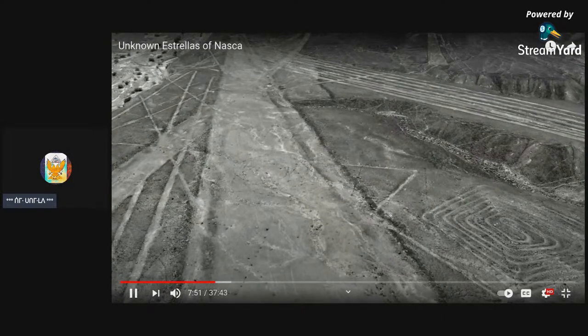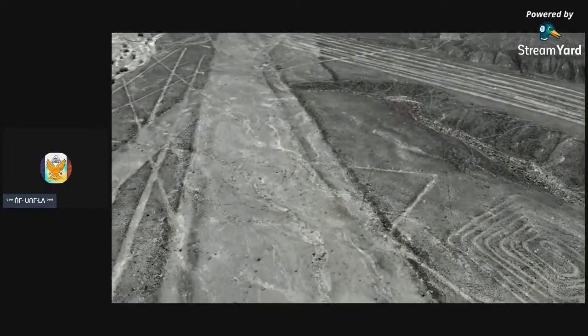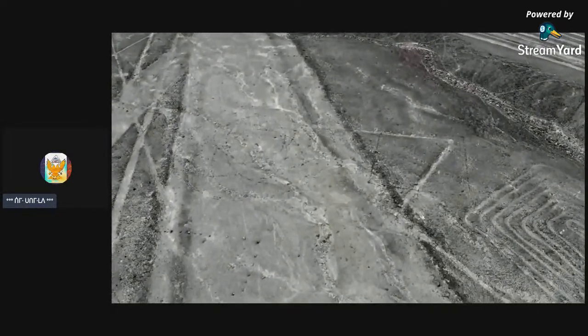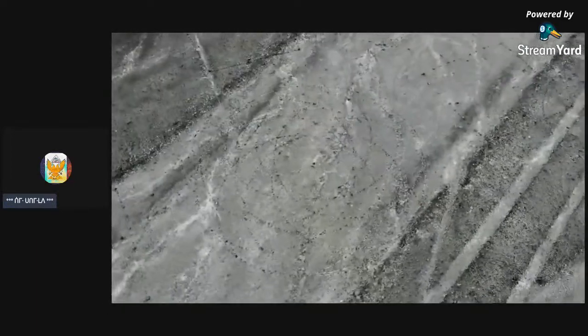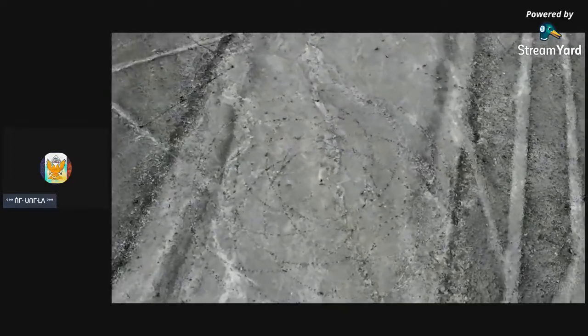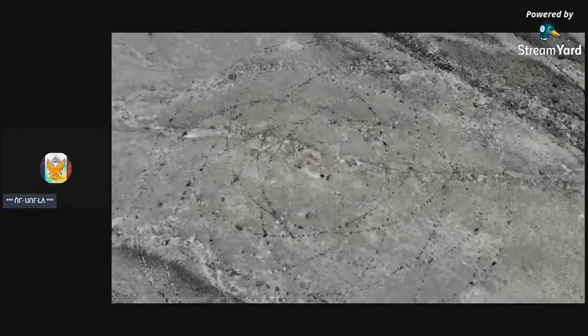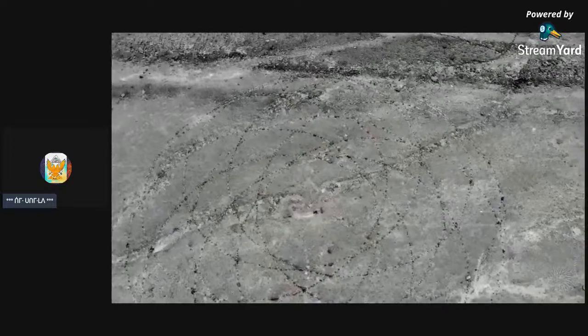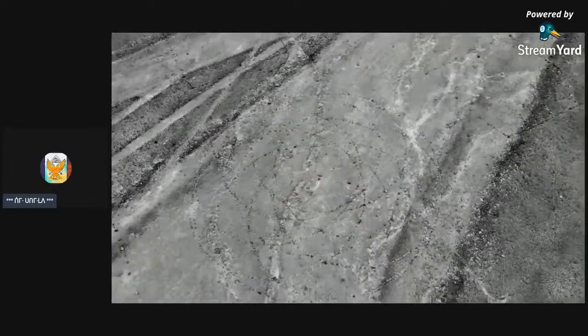A bird's eye view of this design offers a different perspective, and the existence of this creation only creates more questions and mystery. This might be the most difficult and creative geoglyph on the Nazca Plateau. The center of this design is clearly visible. There are 8 layered circles in total.